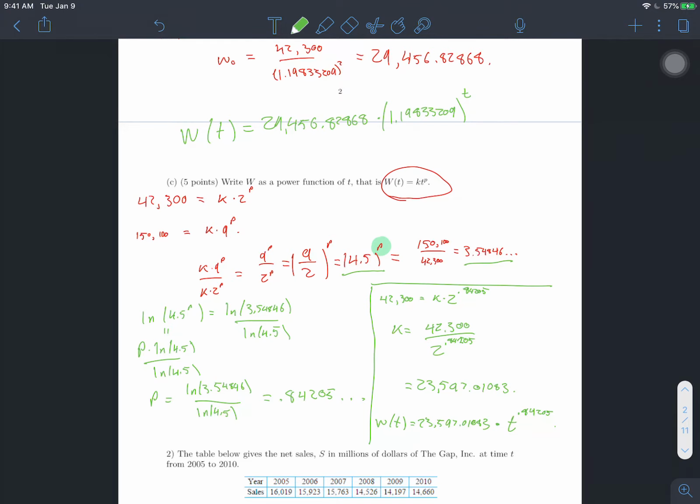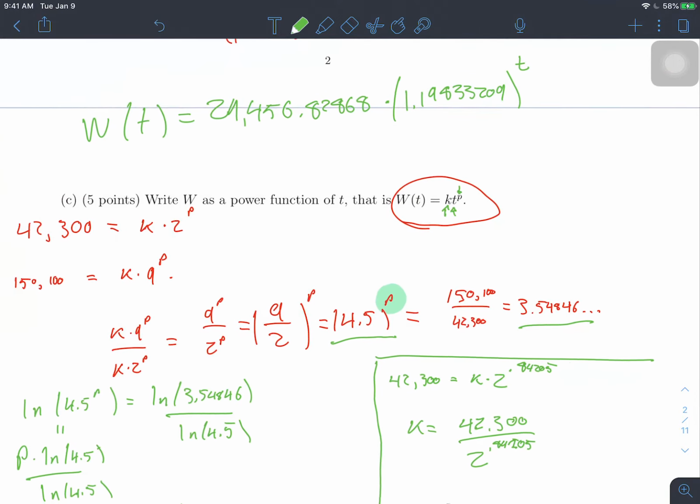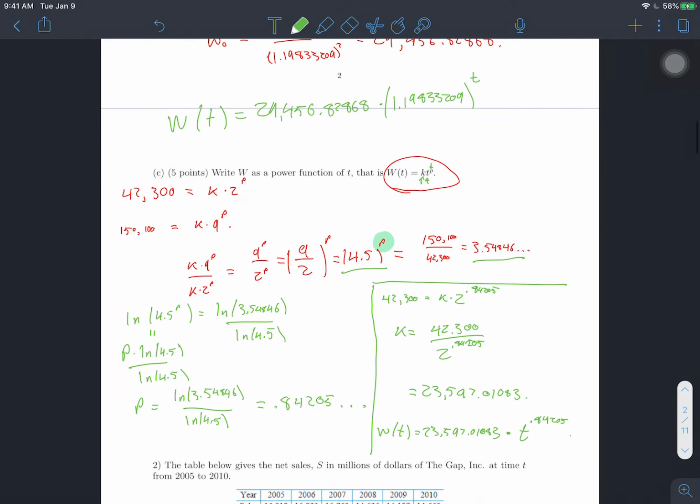Okay, so the only thing that we really used to compute the answer to this problem was our understanding of the form of a power function, which means we have some constant k times the variable to some power p, where p is some real number that's not zero.